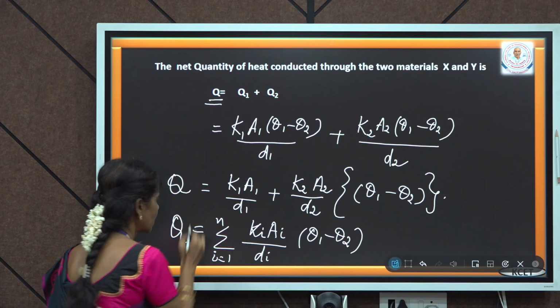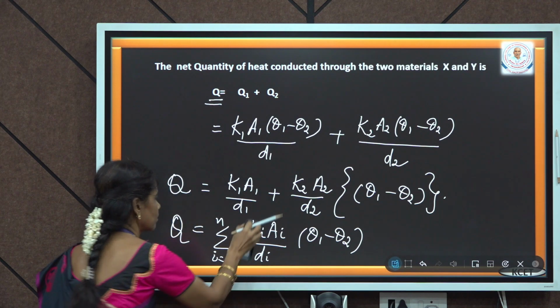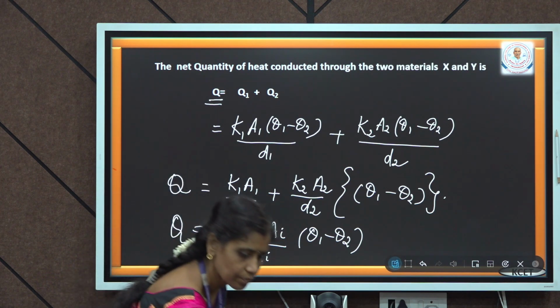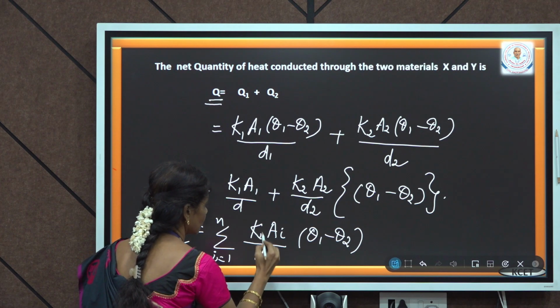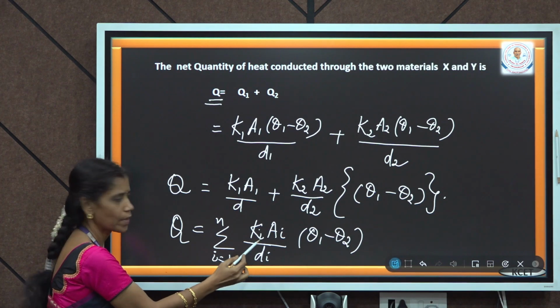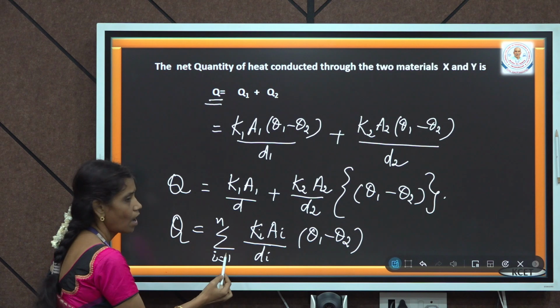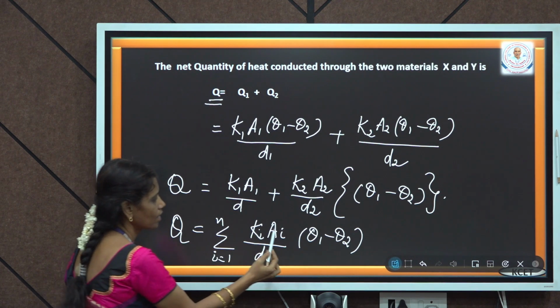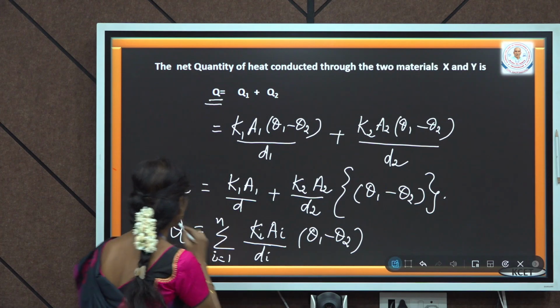The quantity of heat conducted through the compound media which is stacked in parallel is given by summation of i equal to 1 to n Ki Ai by Di into theta 1 minus theta 2.